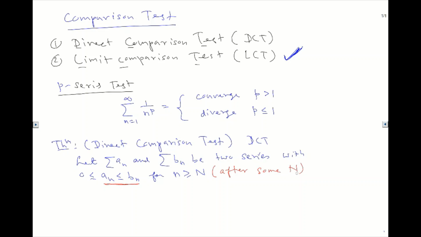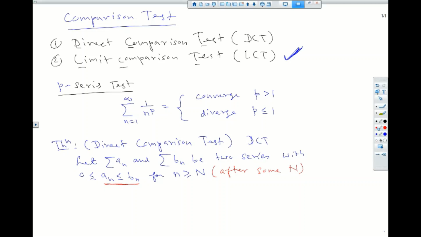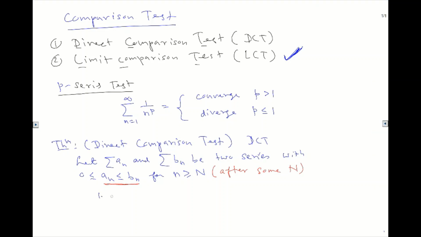So there are two results. We know this relation works. The first one is, if we know that the larger series, sigma bn, converges, then the smaller series has to converge.